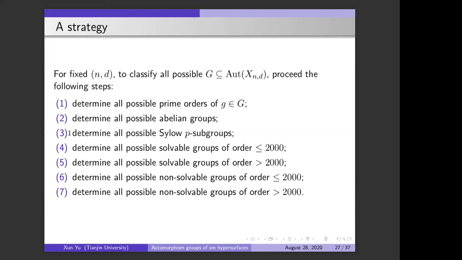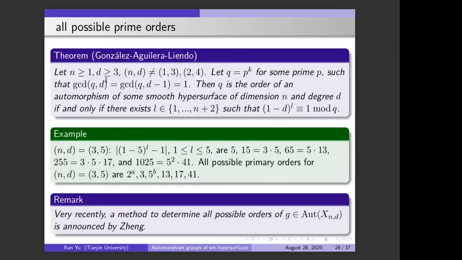The third is to determine all possible C or P groups, then all possible solvable groups of order less than or equal to 2000, then solvable groups greater than 2000, then non-solvable groups, and so on. After step 7, we are done. The first step can actually be handled by this one.